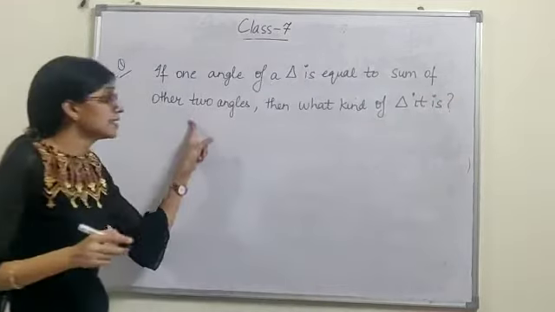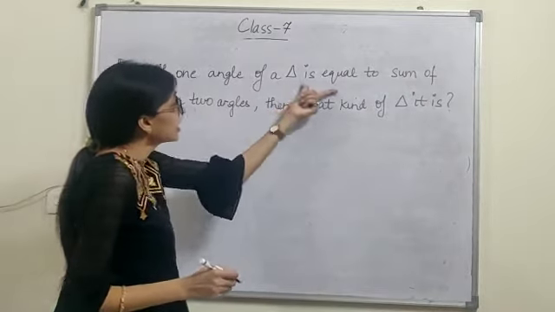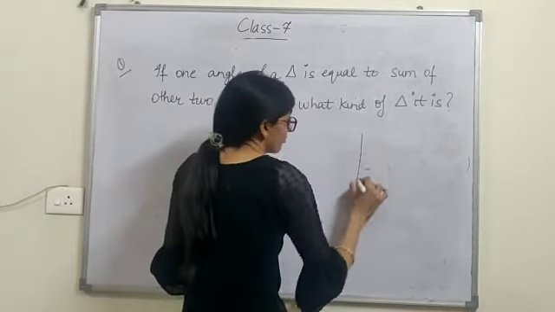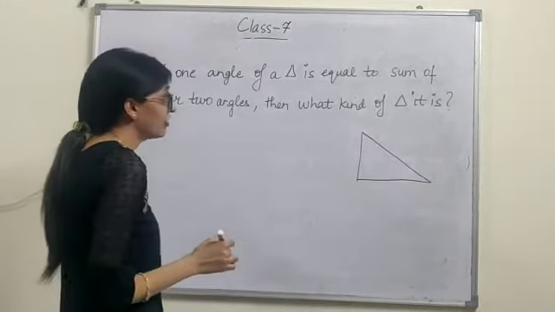In the question they are saying, if one angle of a triangle is equal to the sum of the other two angles, then what kind of triangle is it?